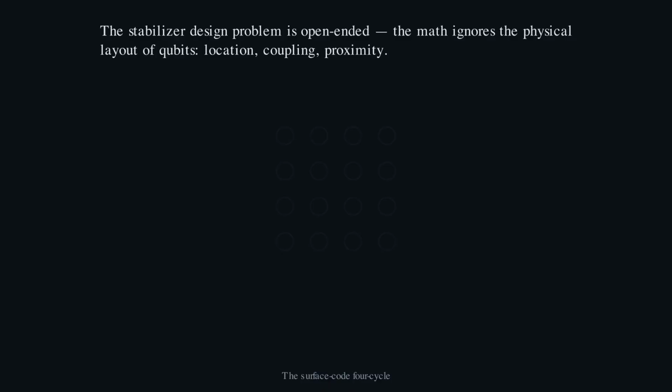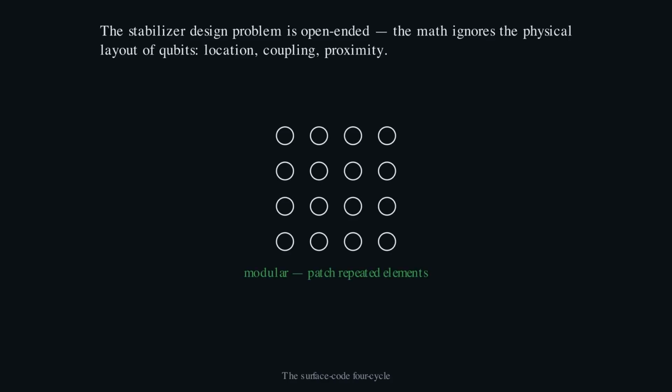This was, I think, the motivation for the surface code, because the surface code has a property that it's basically topological. And a topological code is built up through this process called patching of repeated elements. So what's important here is that it's modular in its construction, and it also has some respect for physical proximity.